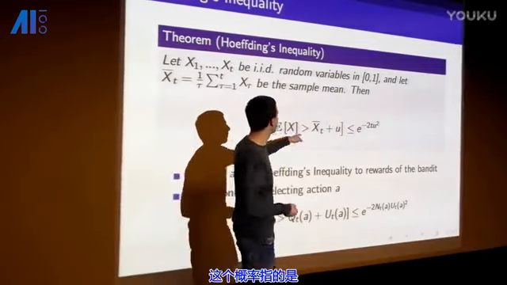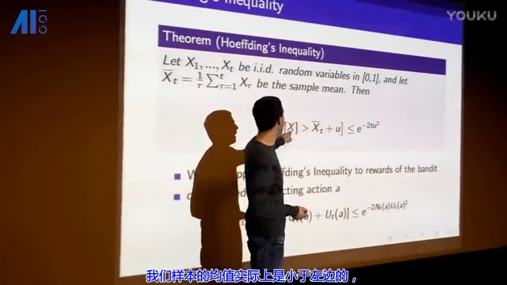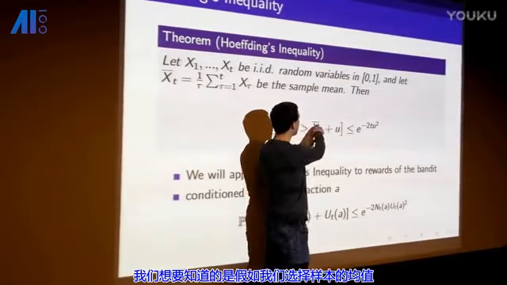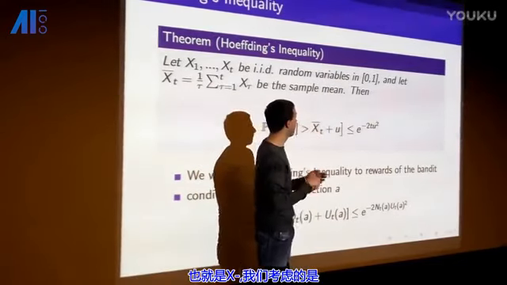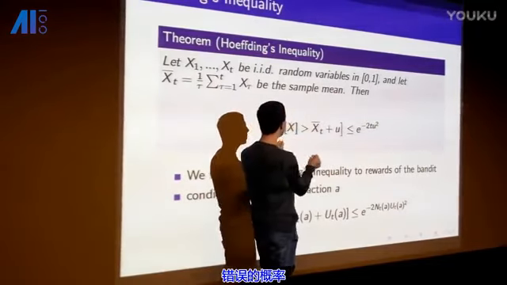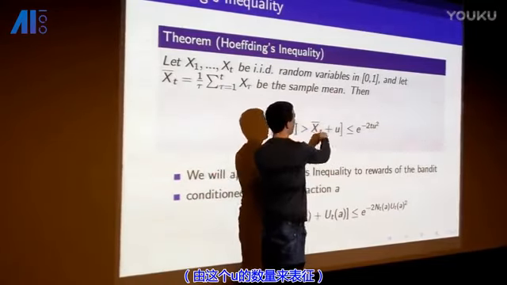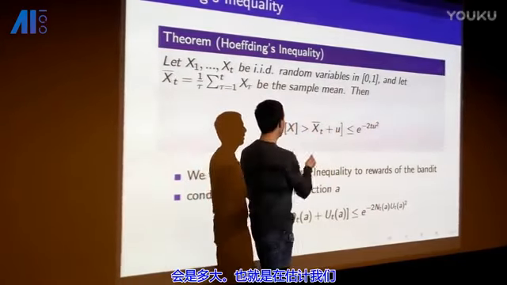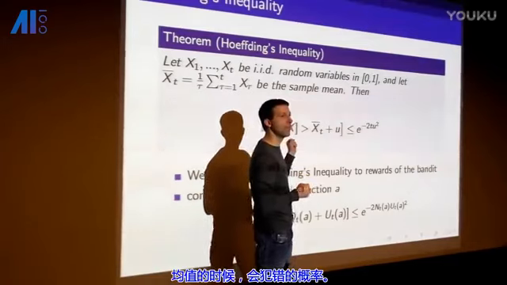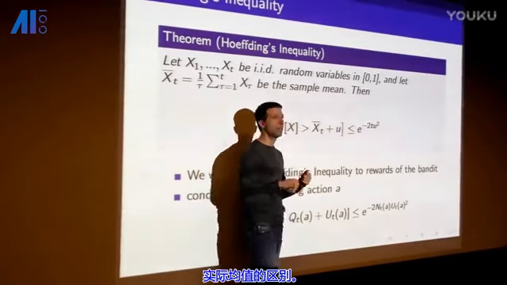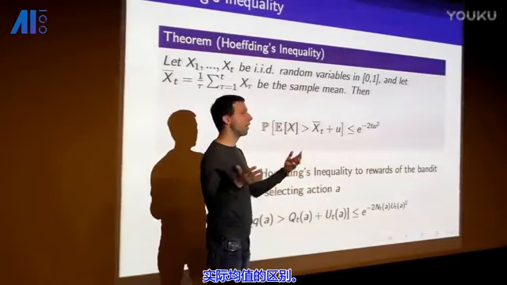So you just keep seeing this data, you take a mean of that data, then what's the probability that the sample mean is actually wrong? So what we want to know is, if we take our sample mean, that is the x bar, what's the probability that the difference between the empirical mean and the true mean is greater than u?